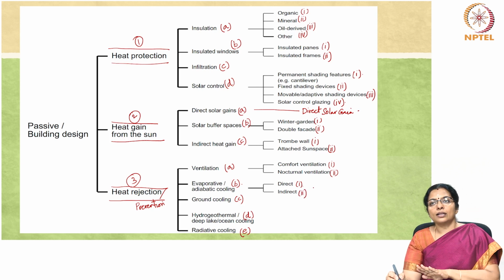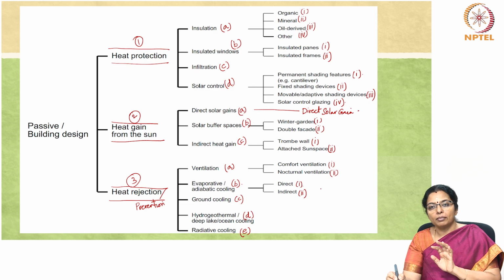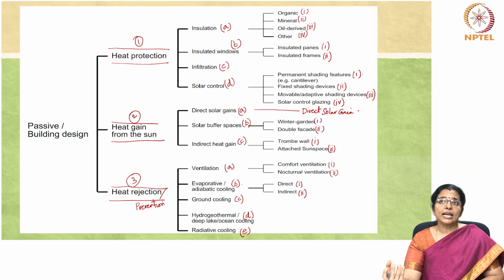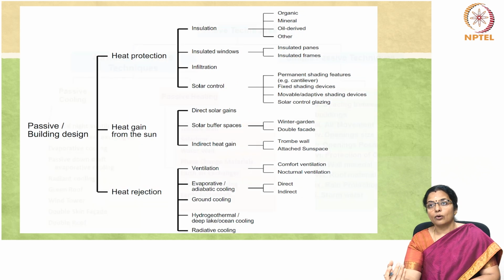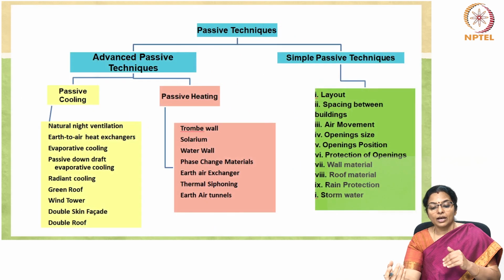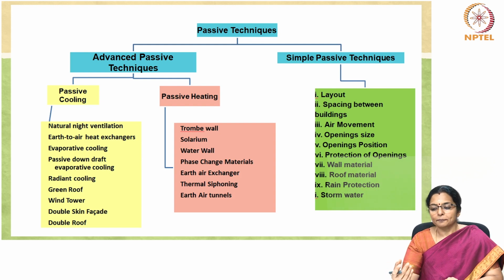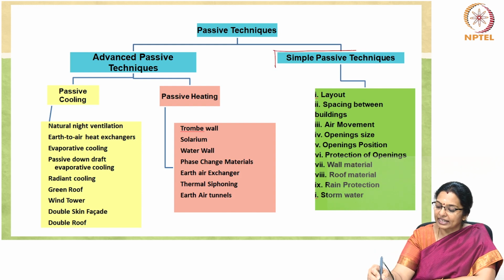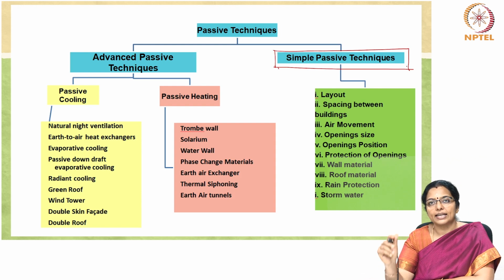So, these are the various ways in which we can design buildings passively. Now, in our next slide, we will see the simple and advanced passive techniques that we can use for designing a building. Now, if we look at simple passive techniques, what are simple passive techniques?